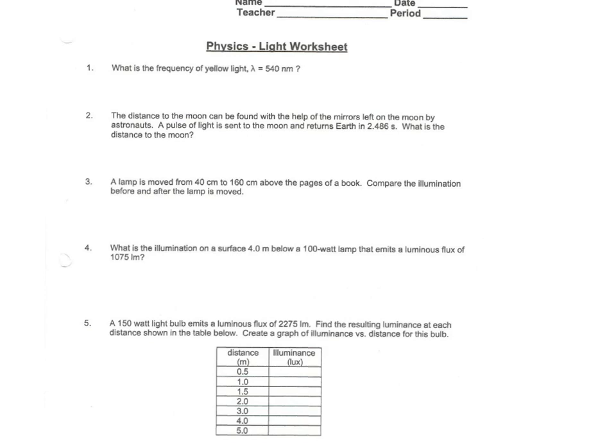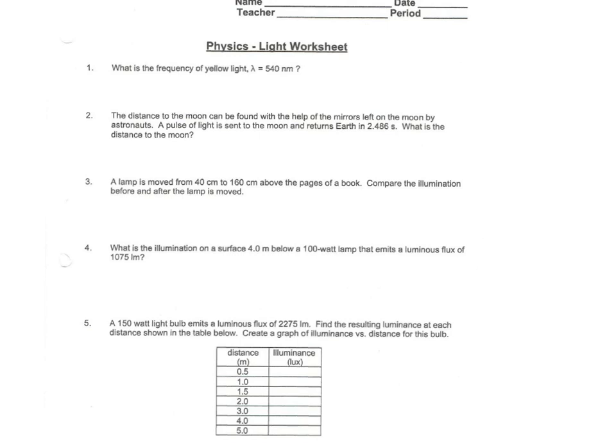When we look at number 2, we're looking at finding the distance to the moon. Now notice as you read the problem, it says that the time it takes to go to the moon and back to the earth is 2.486 seconds. So we need to know the time it takes to go from the earth to the moon, and that's going to be half of that time.